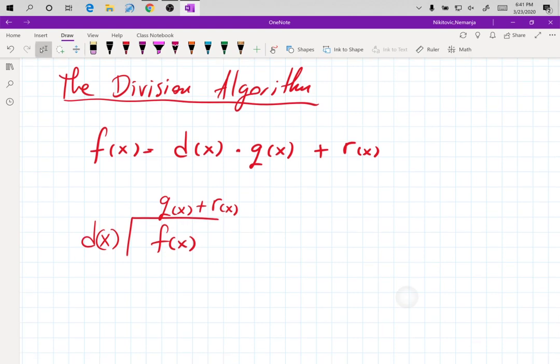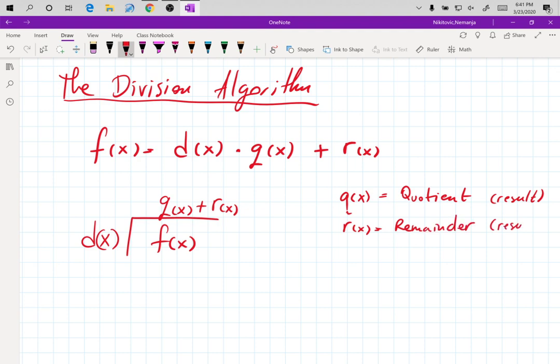So this q of x is called the quotient, which is your result, and r of x is the remainder, also part of the result. So both of those together, right?